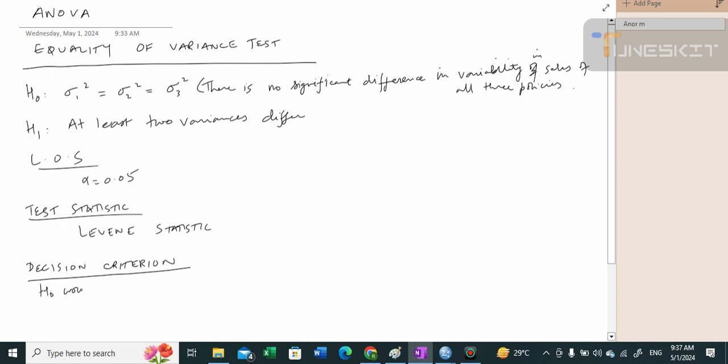So H naught would be rejected if the p-value corresponding to Levene's statistic is less than 0.05 at least.